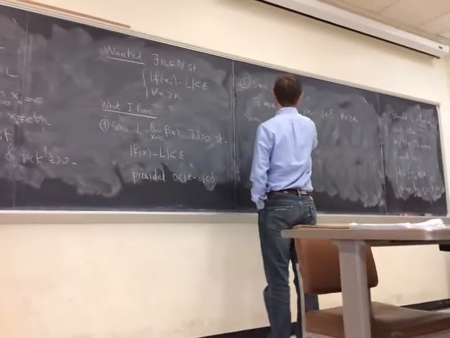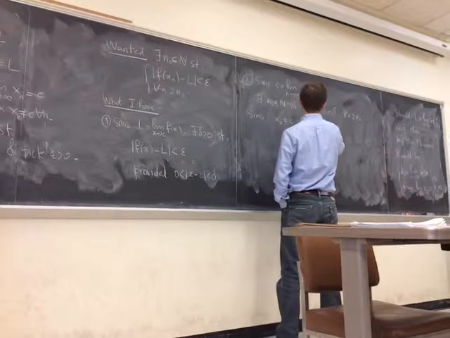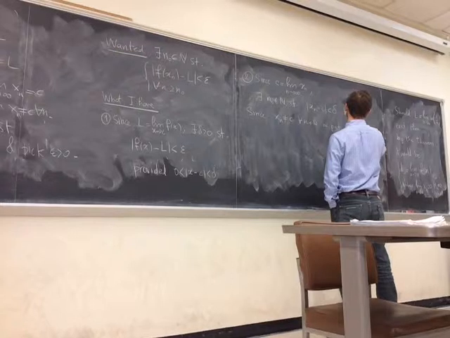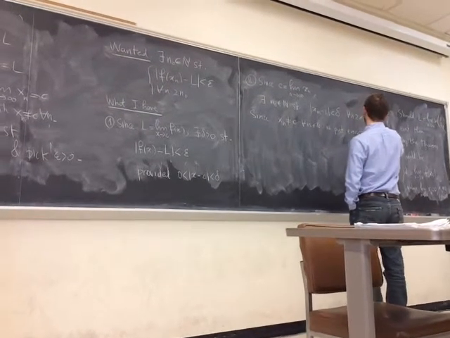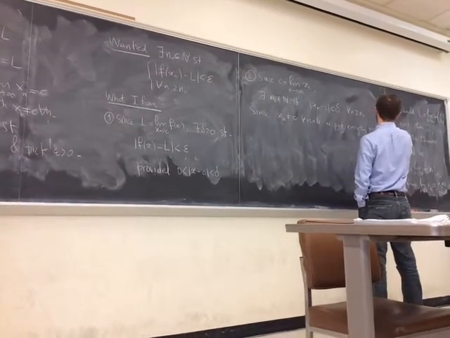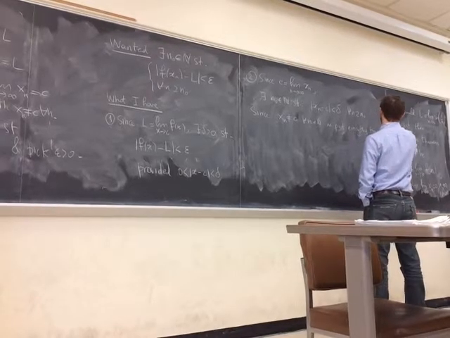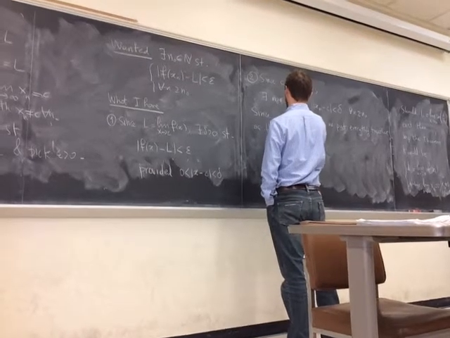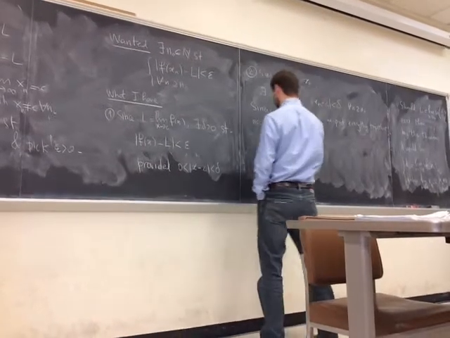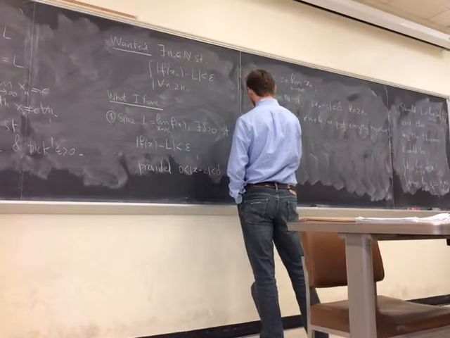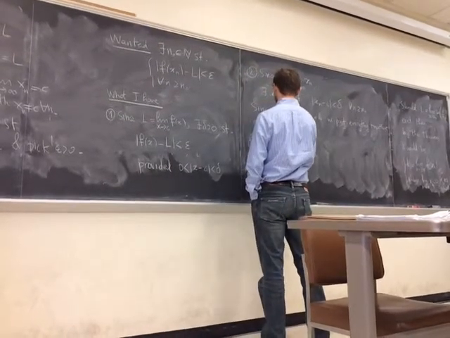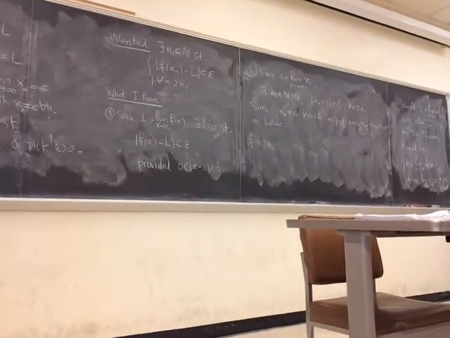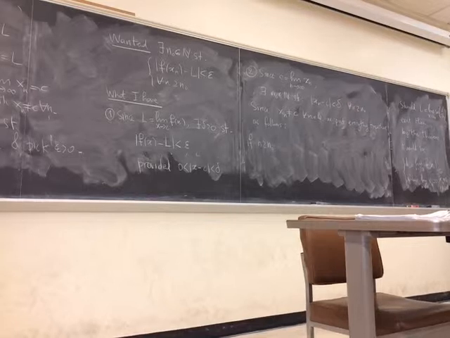And since at the same time xn is different from c for every n, we put everything together as follows. Okay, so you pick n larger than n naught. Take a second to write this down.